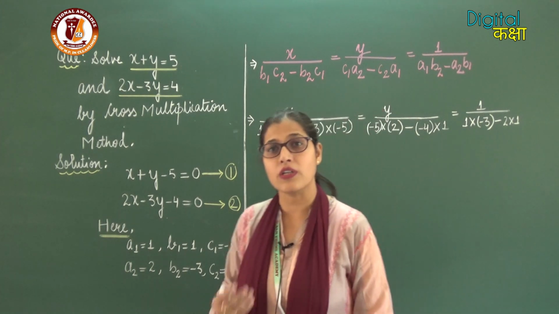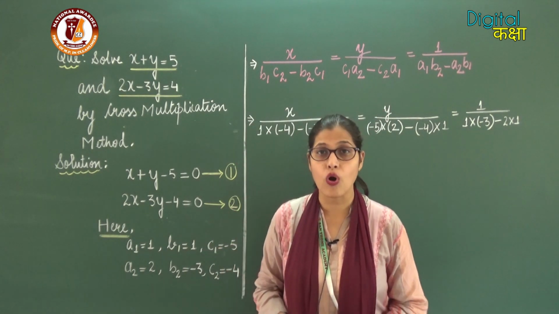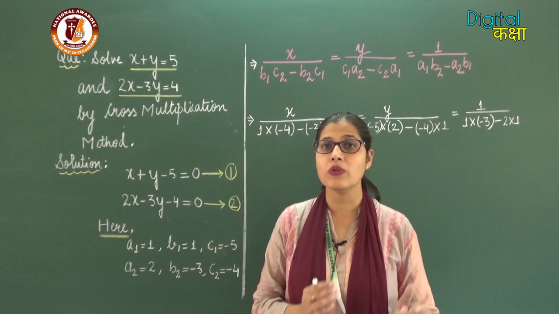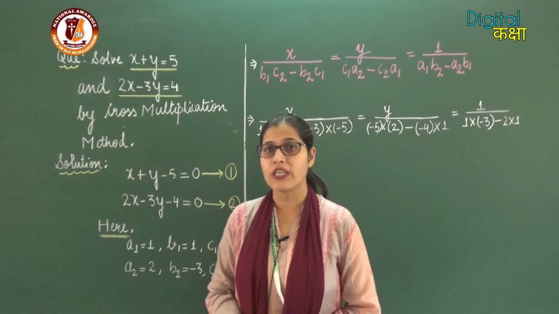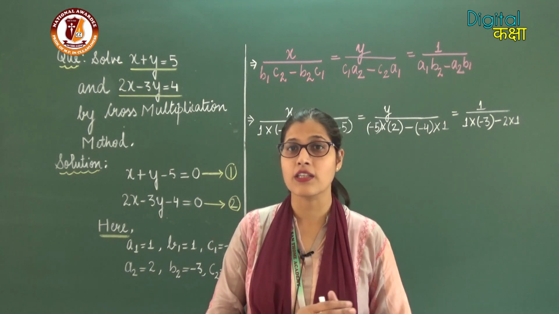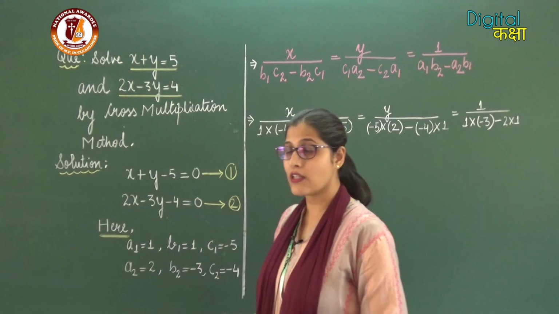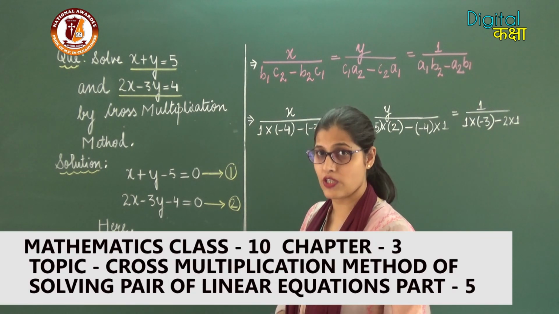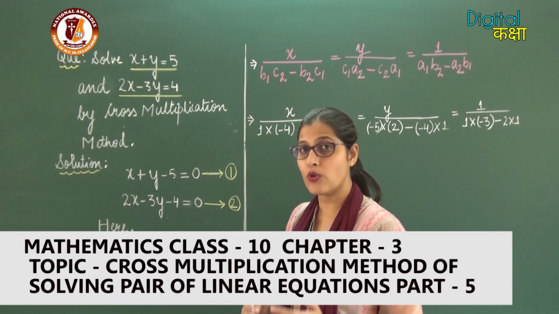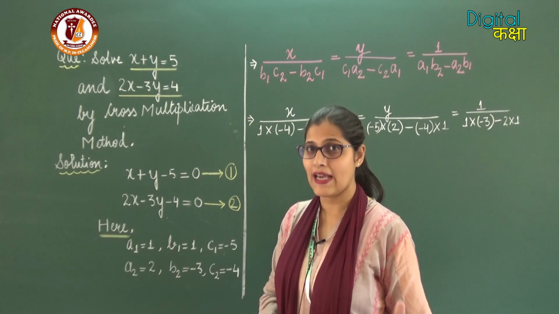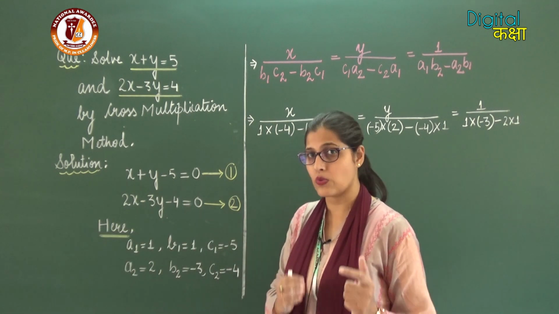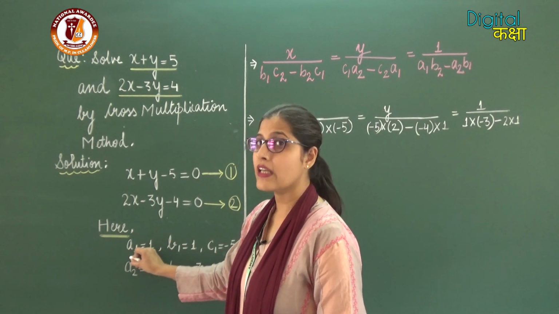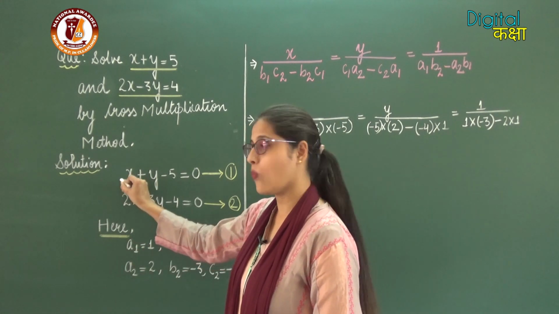To solve the question further, we should know the values of a1, b1, c1 and a2, b2 and c2, so that we can substitute them in the given formula. So let us see after comparing the equations. The value of a1, which is the coefficient of x in the first equation, is 1.